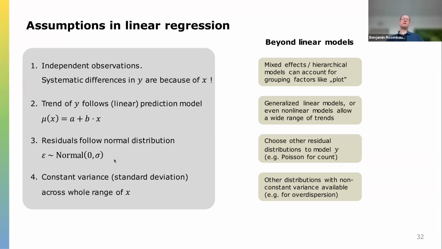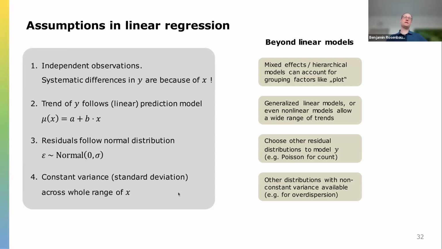If your residuals do not follow a normal distribution, well, it's not a problem. You just have to choose a different statistical model where your residual distribution is not modeled as normal, but as something else. For instance, if your response is discrete, like count data, you can use a distribution for that, for instance, Poisson distribution.